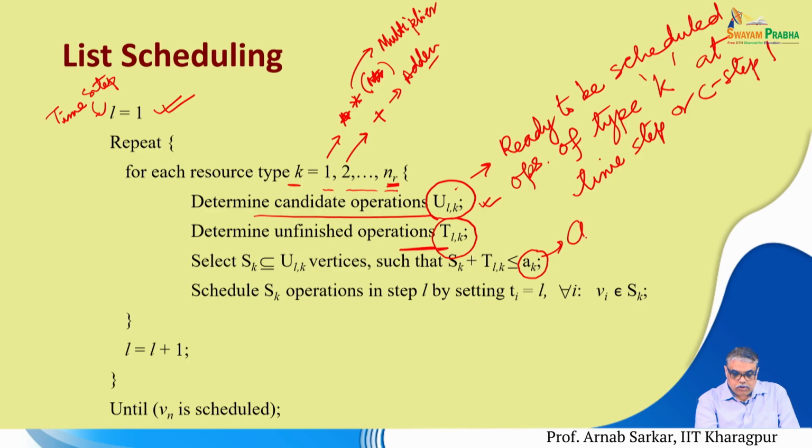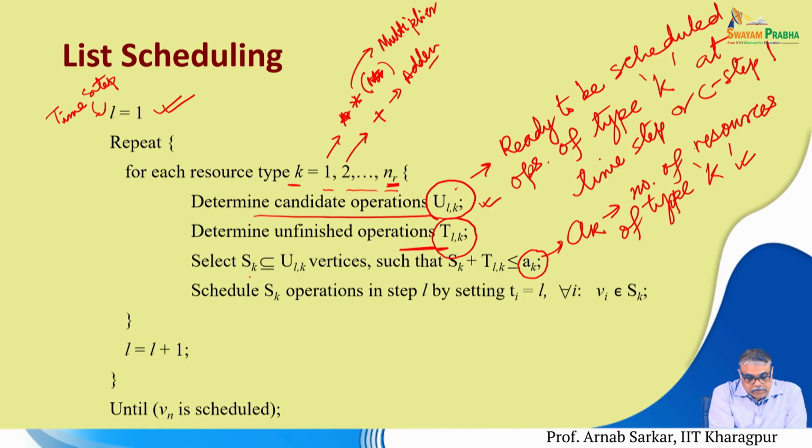So, Ak, what does it say? Ak is the number of resources of type k. Similarly, for all types you will have A1, A2 up to ANR, where Ak represents the number of resources of type k.